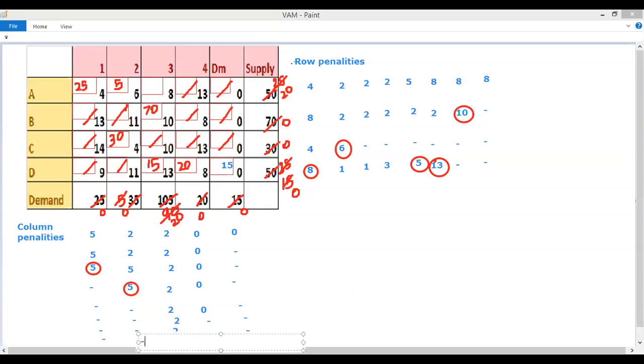Here we don't have to compute. And if you see here, we have only one value. The penalty here is 8. Here we don't have to compute. And even here, we don't have to compute.